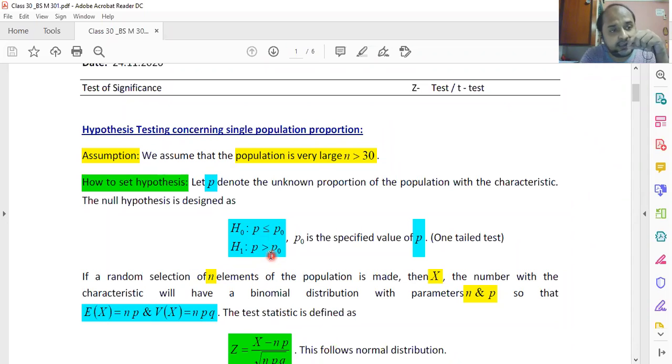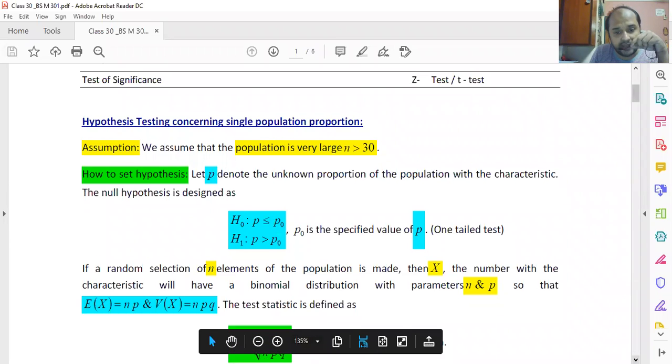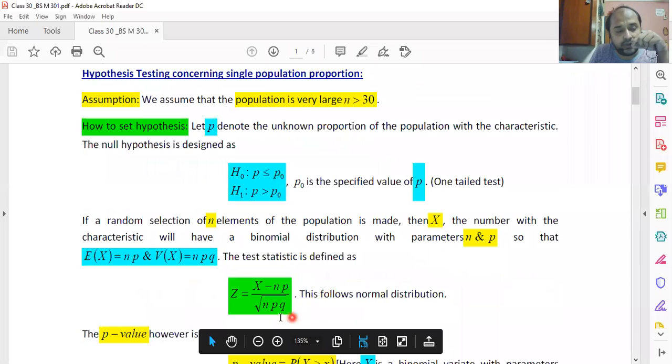The answer is that the hypothesis testing tool, which has been deduced on the basis of this situation, the test is based upon the null hypothesis and not the alternative hypothesis. So you see below, probably you can see the green colored formula which I will be using for this type of situation. You see in the formula small p is present.